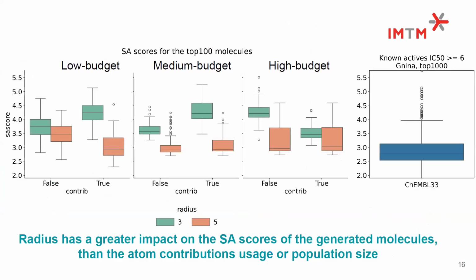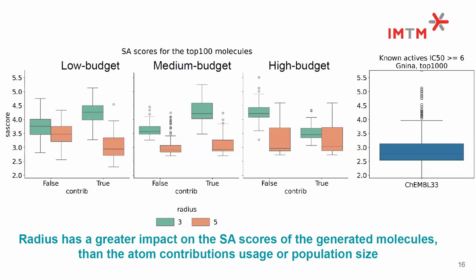We also wanted to see the synthetic accessibility of the generated molecules and to compare it with the known inhibitors. We can see that it doesn't matter whether it is low budget, medium budget, or high budget, or whether we use atom contribution or not.